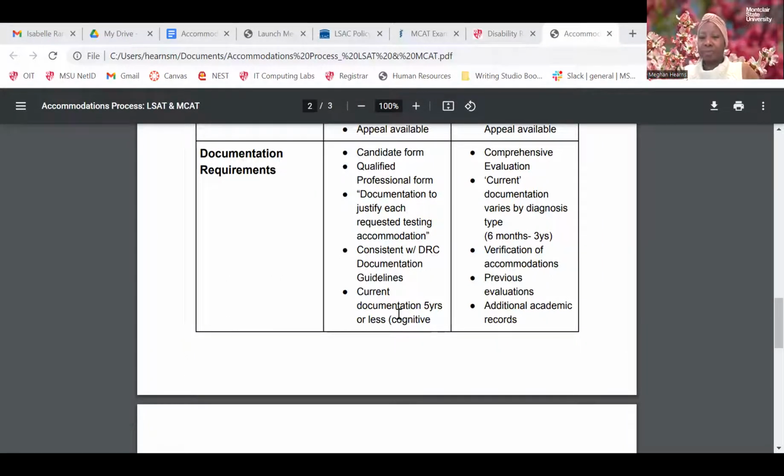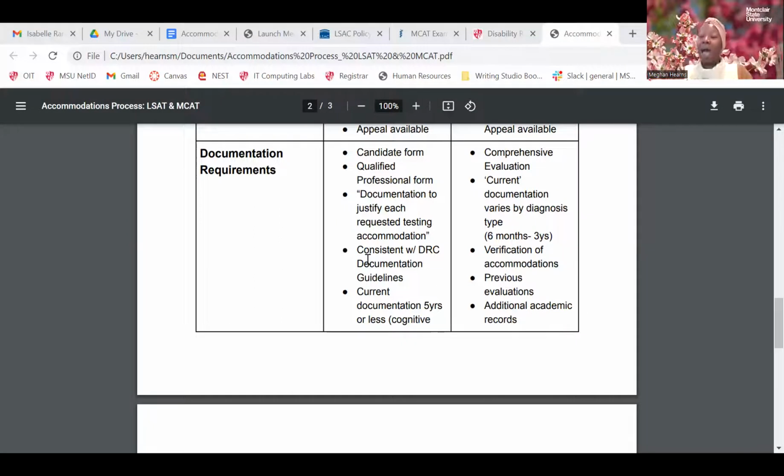It's going to vary. With LSATs, current documentation is considered 5 years or less when it relates to a cognitive concern. Other types of concerns are considered current once the student candidate reaches age 13. So any evaluation or letters completed past your 13th birthday will be considered current, especially if supported with DRC accommodations.